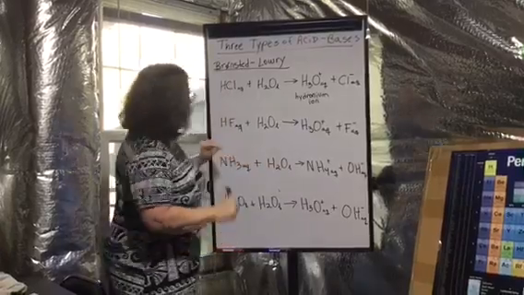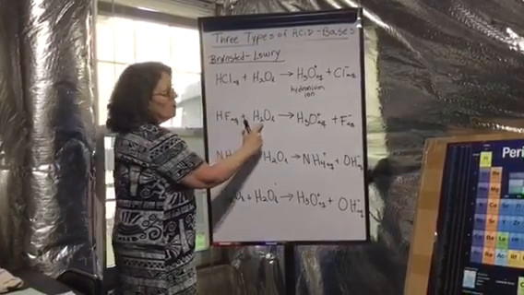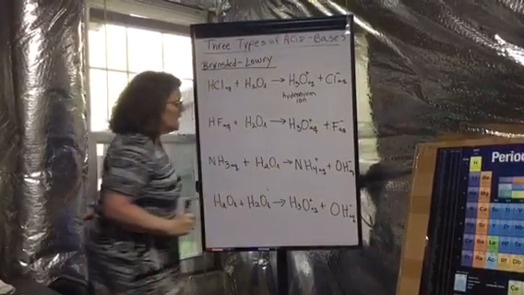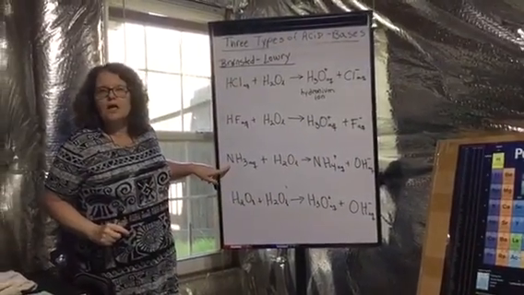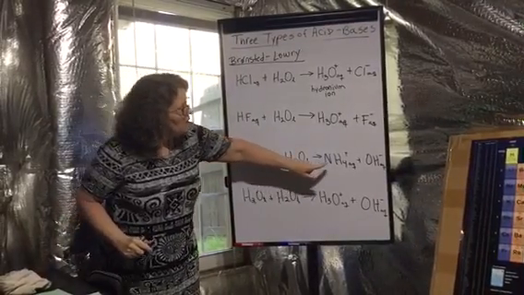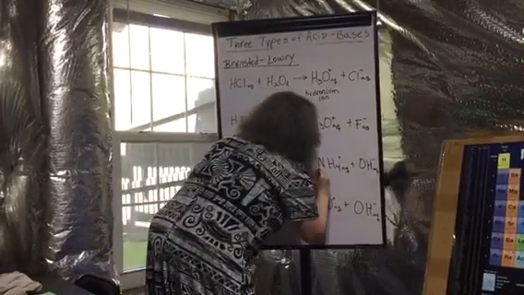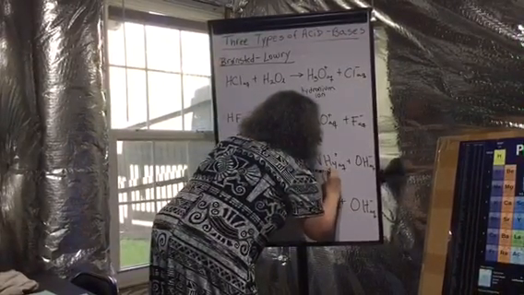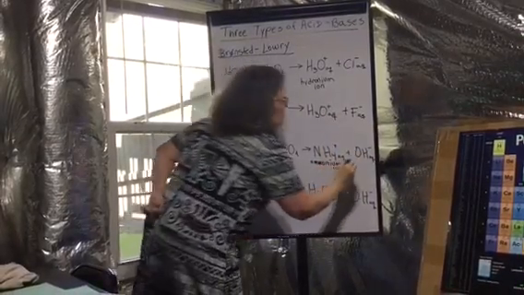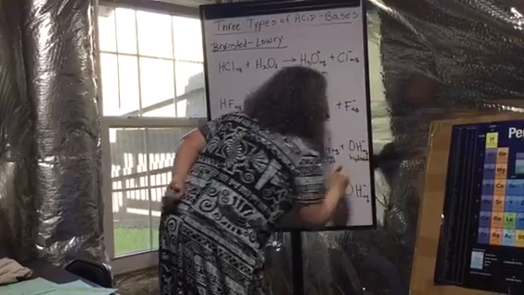This is hydrofluoric acid, a binary acid like this, which with water forms the hydronium ion and the fluoride ion. Now this is ammonia, NH3. When ammonia is dissolved in liquid water, we get the ammonium ion, and this is, remember, the hydroxide ion.